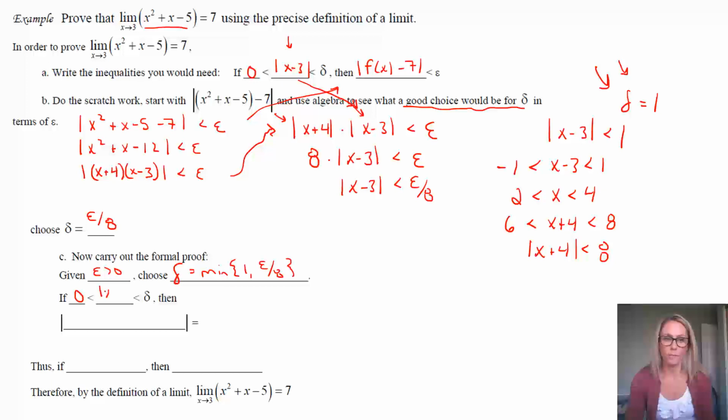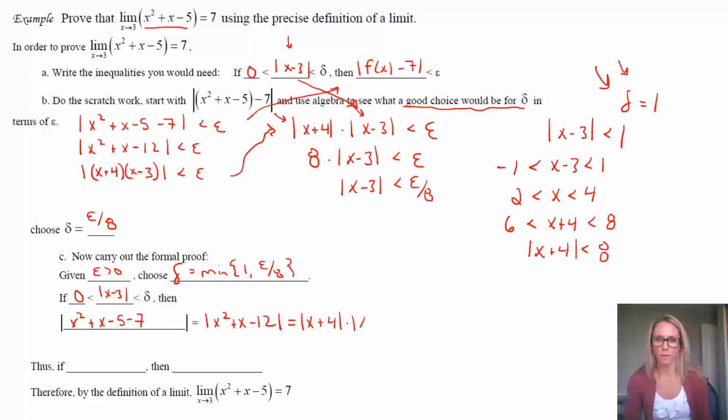So we are still in our normal pieces here. We've got our absolute value of x squared plus x minus 5 minus 7. This is still the same: x squared plus x minus 12. And then that is going to be equal to the absolute value of x plus 4 times the absolute value of x minus 3.